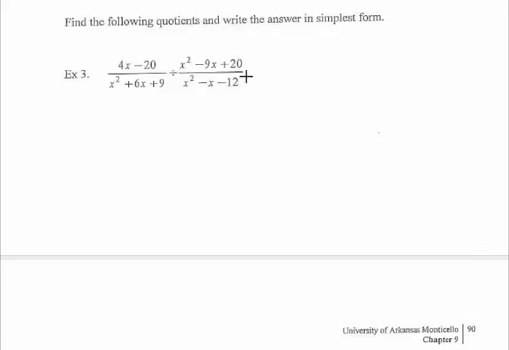Alright, so example 3. First thing we'll do is change our division of two fractions to multiplication. So that we're not tempted to cancel anything out here, we'll just rewrite the entire problem.